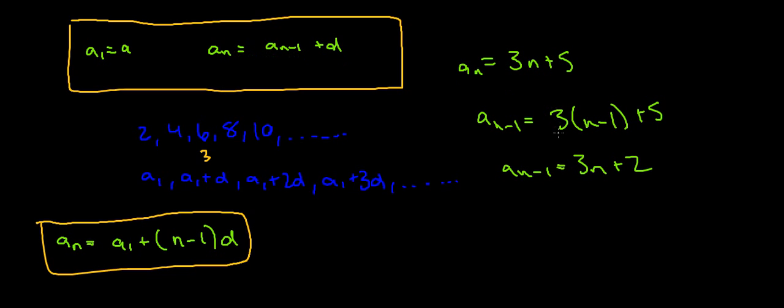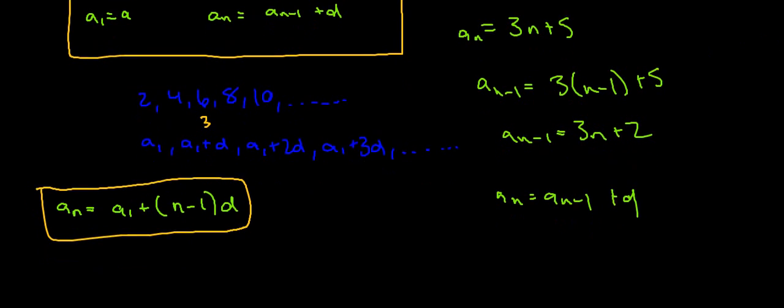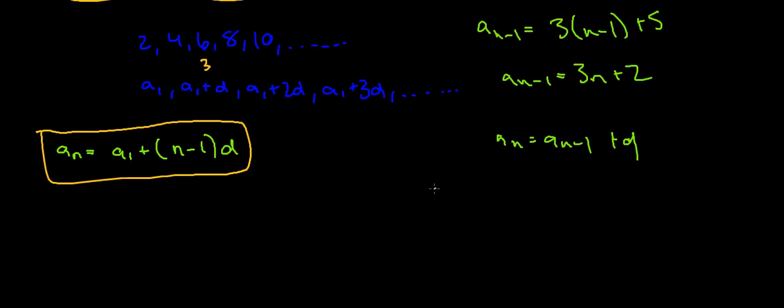Now I can simply look at it from the perspective of the definition of an arithmetic sequence. a_n = a_(n-1) + d. So I have a_n is equal to 3n + 5, and a_(n-1) is equal to 3n + 2. So I just substitute them in.